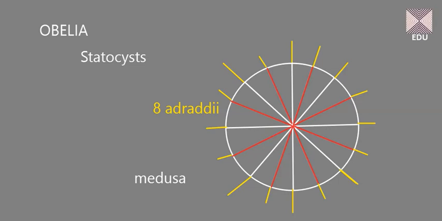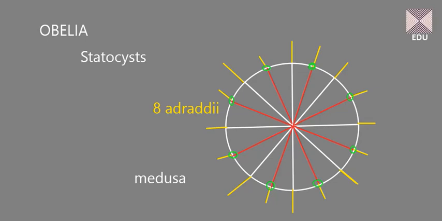So this is the position of the statocyst. So now I am making a statocyst in a green color. So this will be a statocyst. This is again a statocyst. This is a statocyst. So these statocysts are all green colored, and they are present on the adradii tentacles.